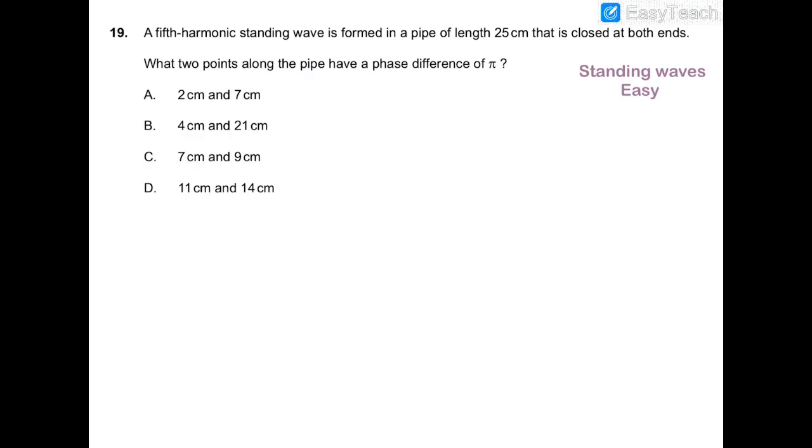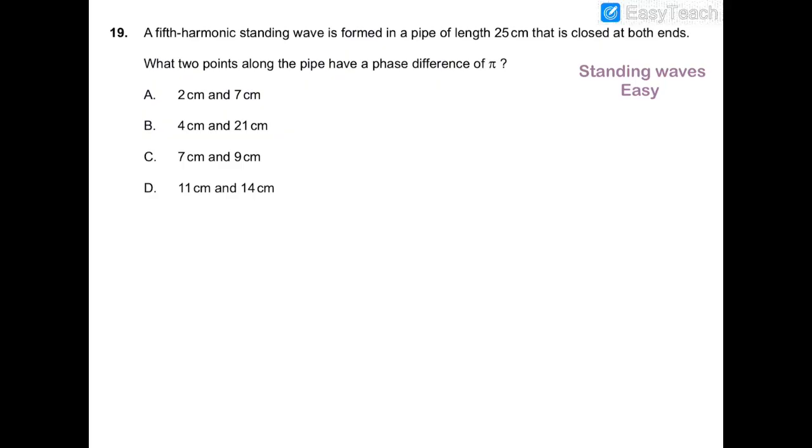In this question, you can see that the fifth harmonic standing wave is formed in a pipe whose length is 25 centimeter and it is closed from both the ends. Now, which two points along the pipe have a phase difference of pi?